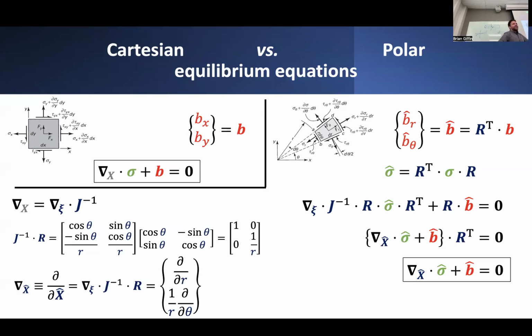All that I will say is that if we wanted to transform our existing representation of our equilibrium equations that are originally expressed and formulated in terms of our Cartesian coordinate frame, so in terms of an xy coordinate frame, if I have my equilibrium equations expressed like that, the question is, how do I transform that set of equations into now the context of a polar coordinate system?